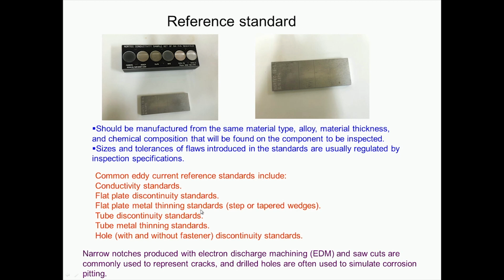Sometime eddy current testing is also used to detect metal thinning or material thinning. For example, if corrosion happens, it will lead to material thinning, because due to the corrosion some material will corrode away, will be removed from the part. So, in those places where the corrosion occurs, you will have material thinning.